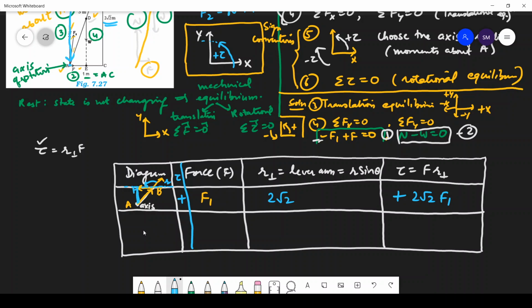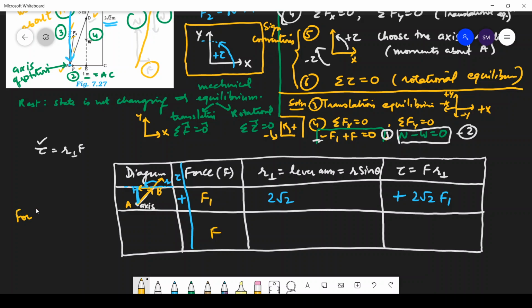Similarly, you can find for the next force. The next force we can take as F, the friction force. For the friction force, R perpendicular is 0.